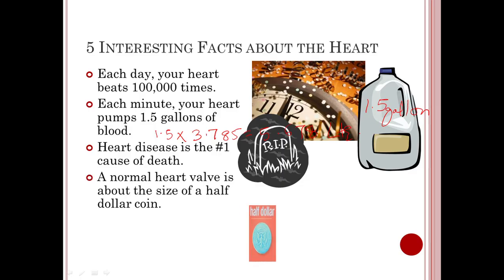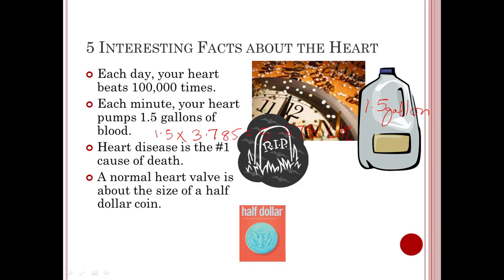A normal heart valve is about the size of a dollar coin. Now what are heart valves? There are valves in the heart that stop the backward flow of blood, because if blood flows from the atrium to the ventricle, it never flows backward from the ventricle to the atria. There is only one-way, unidirectional flow.